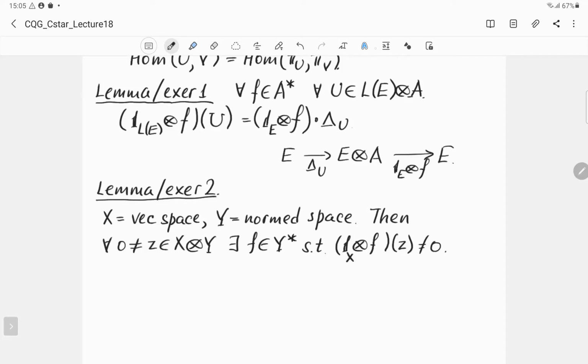In other words, slice maps of this form separate the points of the algebraic tensor product. Well, again, the proof is a standard combination of standard linear algebra and the Hahn-Banach theorem.